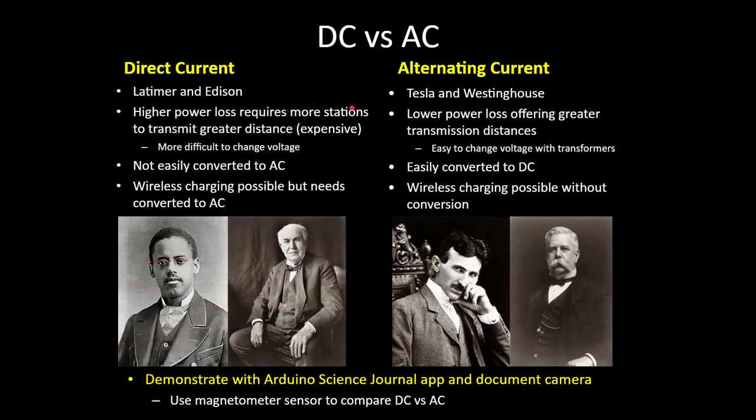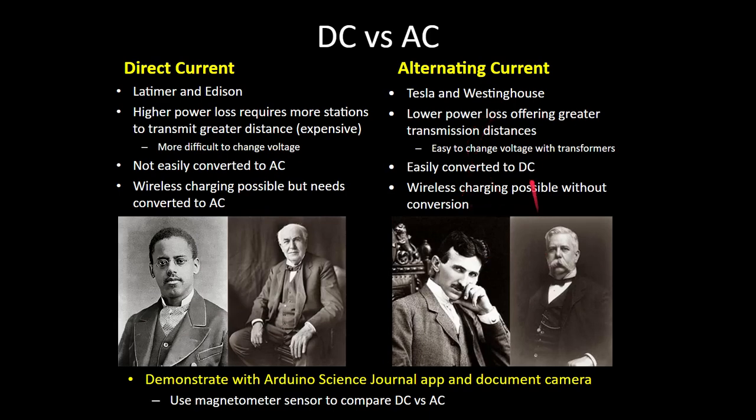So there's direct current and there's alternating current, and you've got four big figures from, I don't remember the time frame, I don't know, the 1900s, that kind of time frame. Direct current, this is Latimer and this is Edison. And over here you have Tesla and Westinghouse.